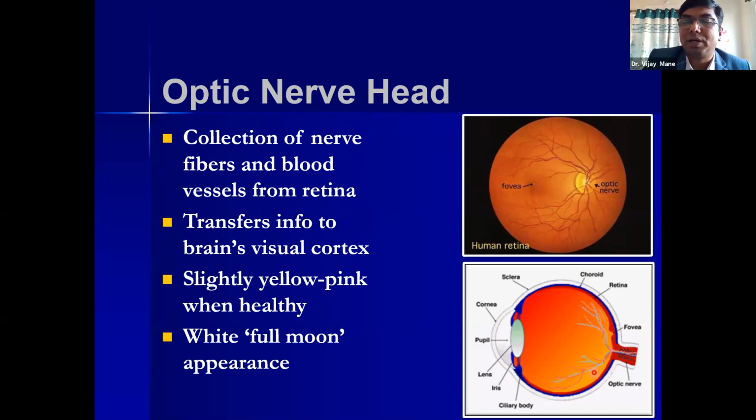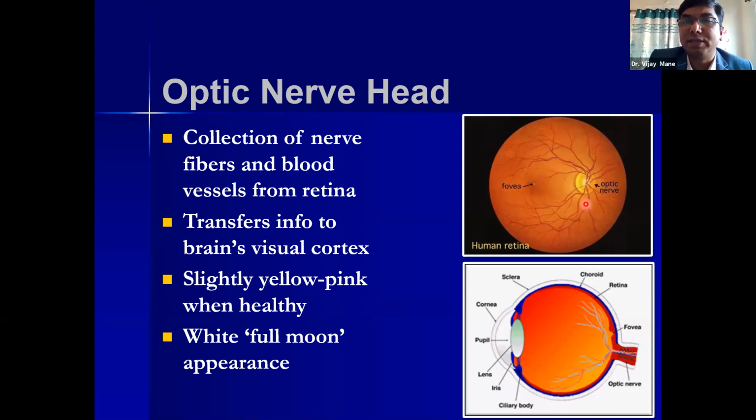So these are the blood vessels that enter into the eye. The point from where they enter into the eye is referred to as the optic nerve head or simply the optic disc. From here, the signal gets passed through these nerves to the brain.